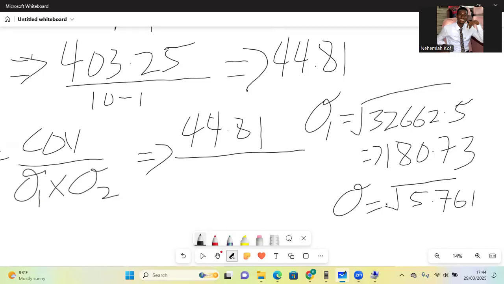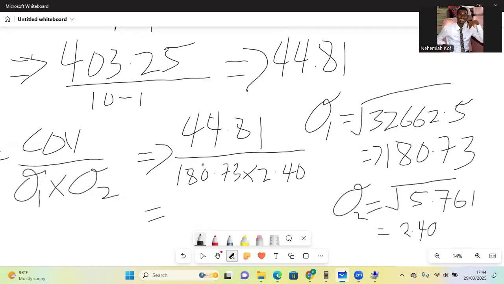Right, so the same thing. We put the same, so now we've gotten them. This one is going to give us 2.40. We put the same thing here, 180.73 times 2.40.